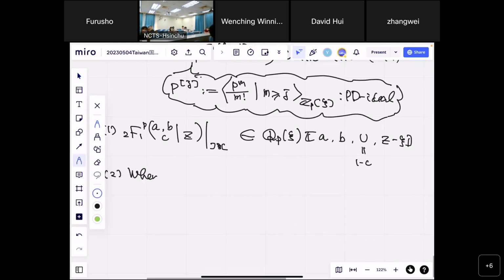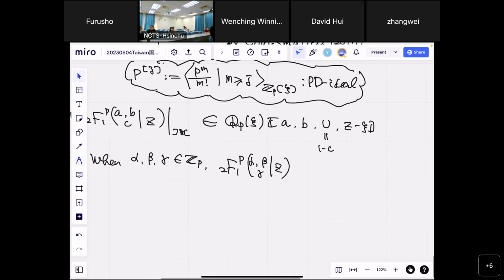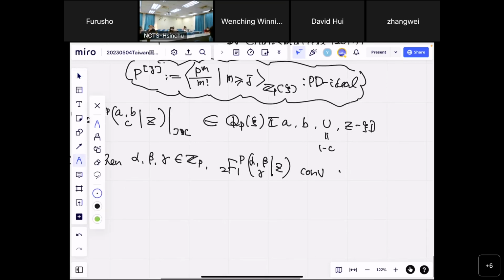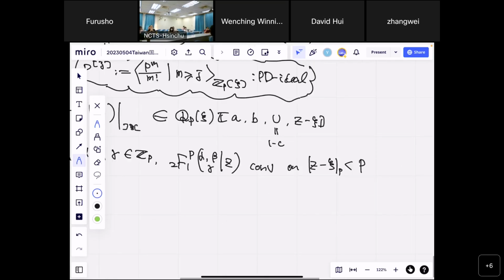When alpha, beta, gamma are just p-adic integers, we don't need to say it is a rational number. We can show that 2F1 with p, alpha, beta, gamma, z converges. It's not the unit disk, but the largest convergence region is a bit smaller. Yes.